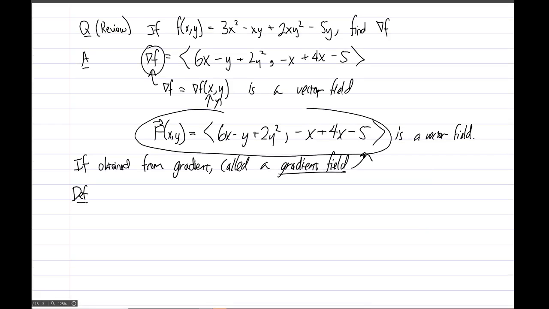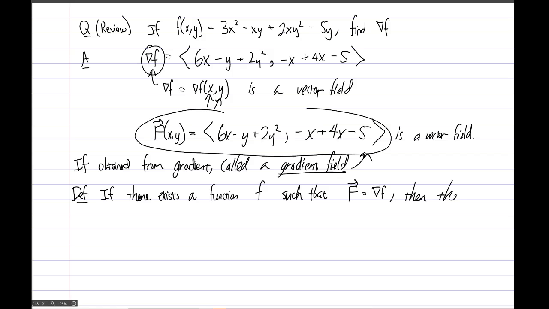Okay, so definition. We've already introduced it by example, but let's just say this. If there exists a function f, lowercase f, such that vector capital F equals the gradient of lowercase f, then the vector field capital F arrow is called conservative.